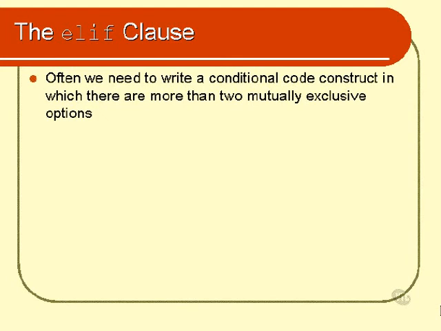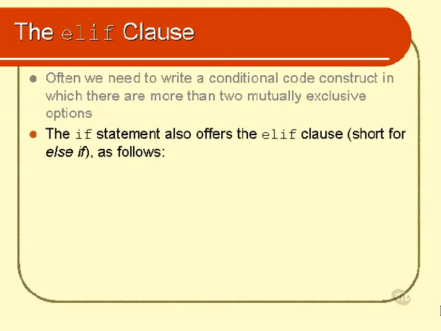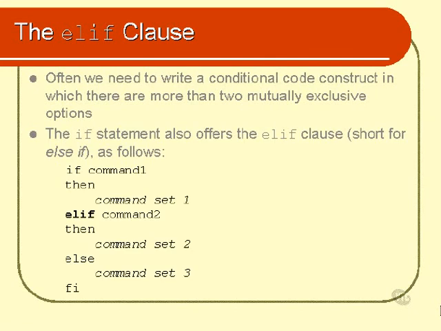Well, we may want to write a piece of code in which there are 3 choices or 4 choices or 25 choices. Let's have a look at what that might look like. It looks like this. We say if command 1, then we do a particular set of commands from command 1. Next, instead of the word else or instead of the word fi, we put elif, which means else if.